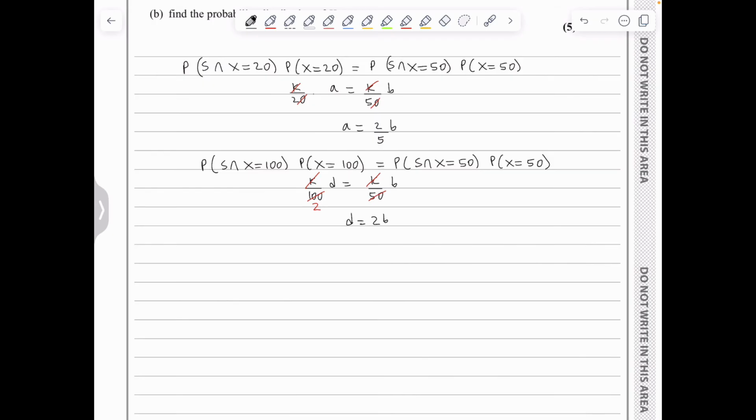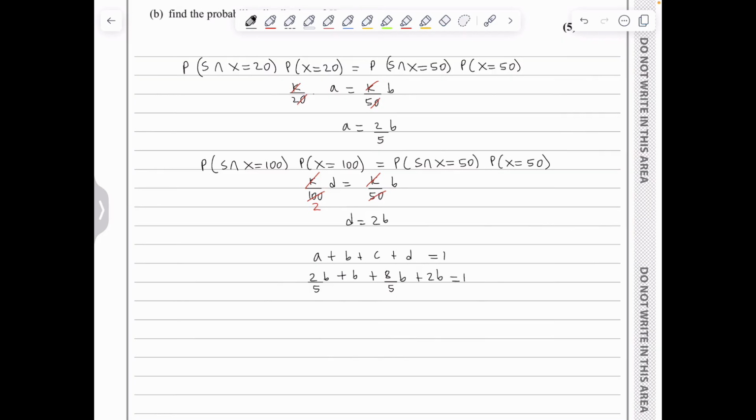Well, we know that a, b, c, d are probabilities, and their sum should be equal to 1. So we know that a is 2 over 5b. I will keep b. We have found c to be 8 over 5b, and we have found d to be 2b.